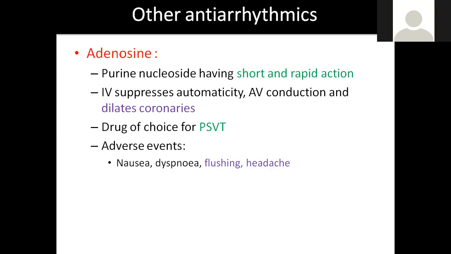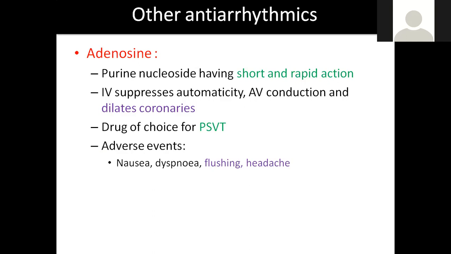Then there are some other antiarrhythmic drugs, among which adenosine is one of the most important. Adenosine is a purine nucleoside having short and rapid action.